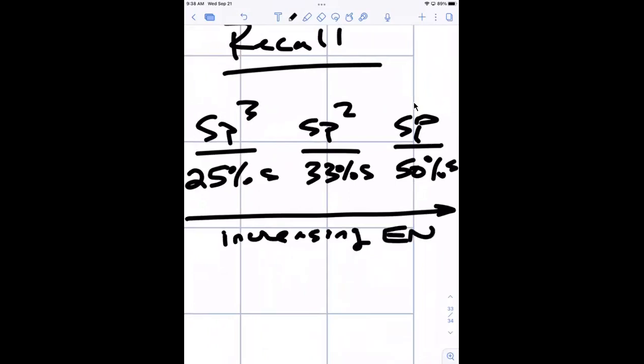So you have increasing electronegativity. The more s character that hybrid has, the more electronegative the atom is going to be. I know that's a way back from part 1, but it's a very important concept.